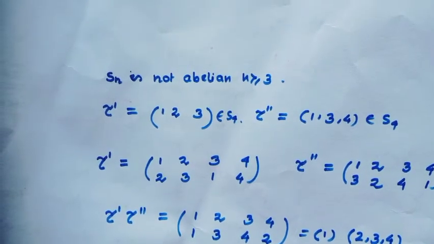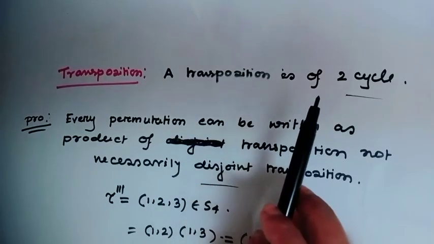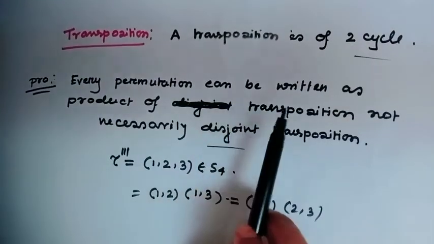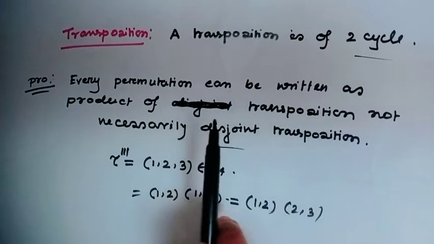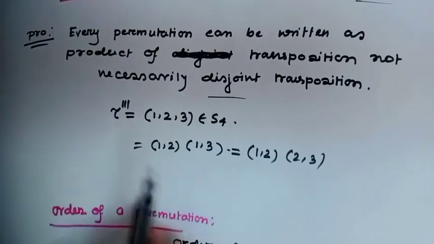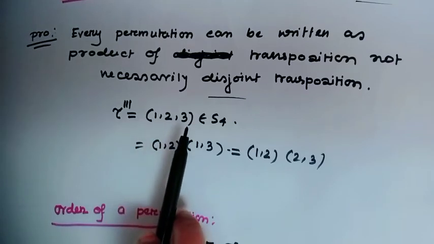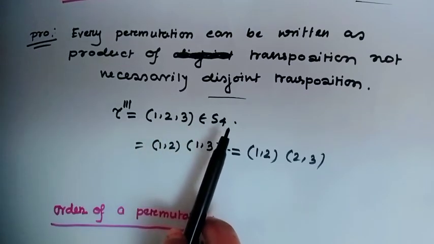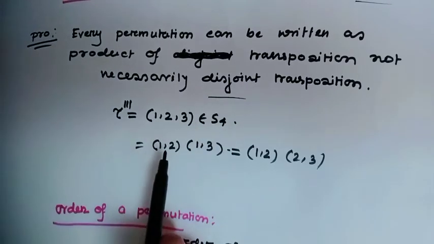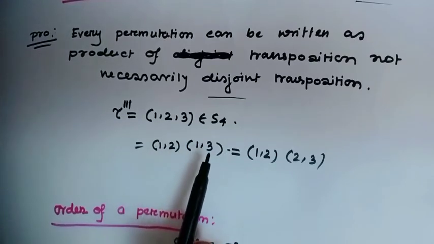Are you getting? Well, any 2-cycle is called a transposition, and every permutation can be written as a product of transpositions, not necessarily disjoint transpositions. Let's consider tau triple prime equal to (1 2 3), which is a member of S4, and I can write it as a product of two transpositions (1 2)(1 3).